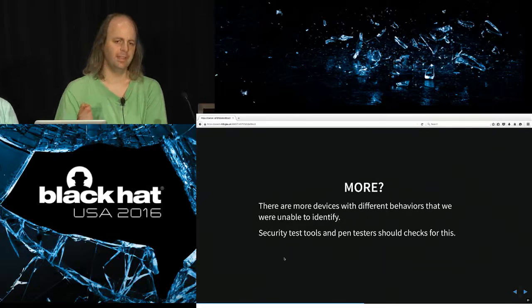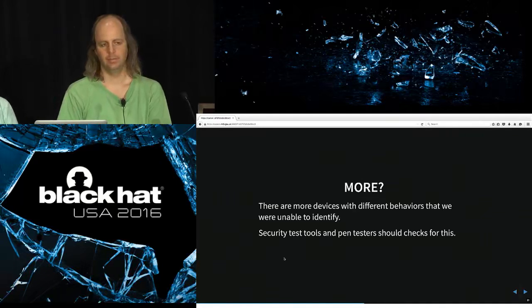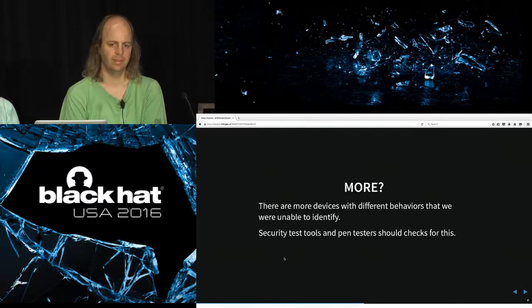But based on the data we see, we're pretty convinced that there are more devices out there that have this vulnerability. So we recommend, if you're doing testing of TLS devices, or if you're a pen tester, that you have this on your radar and look out for this.